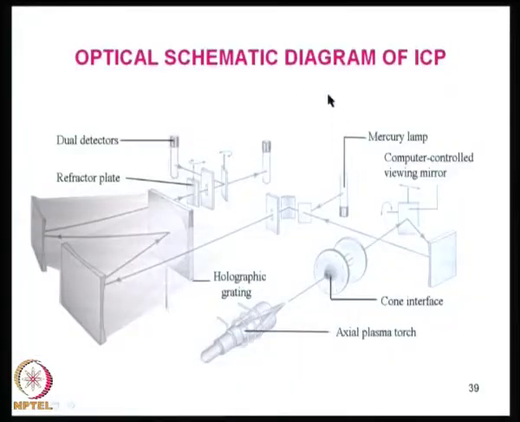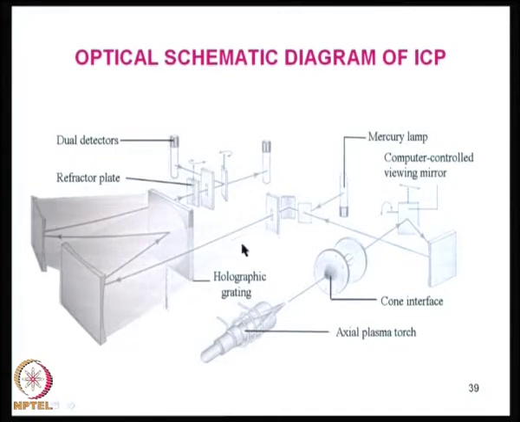And this is the optical diagram of the ICP. Here you can see the plasma torch, axial plasma torch, and then there is a cone interface, and then there is a computer controlled viewing mirror, and from the mirror it reflects to a grating and then it is taken on to the holographic grating, and then concave mirrors are there.